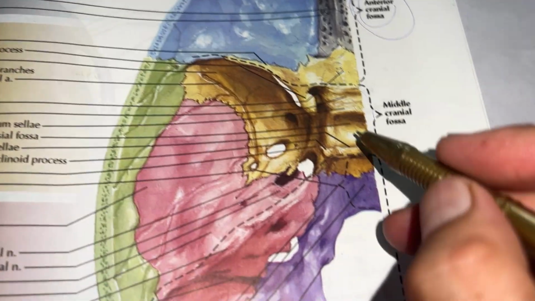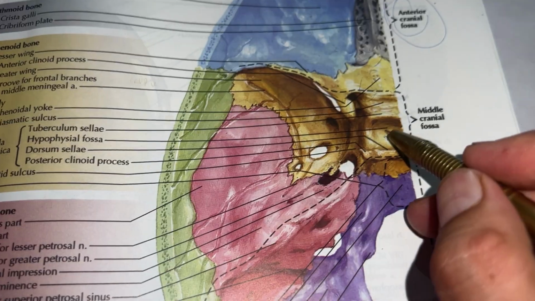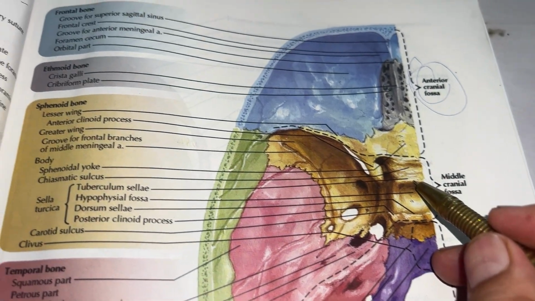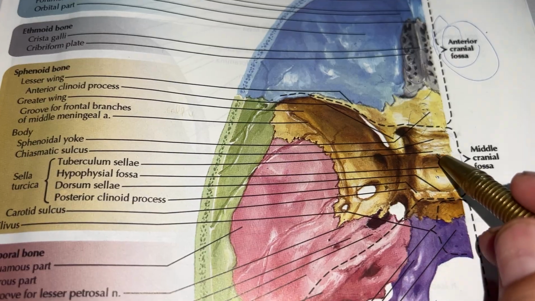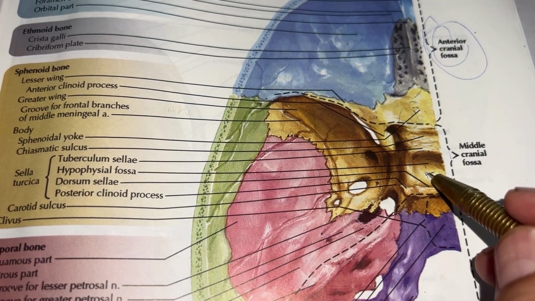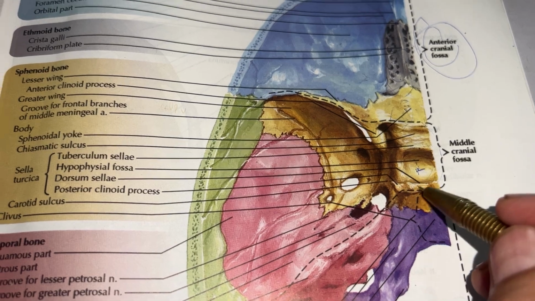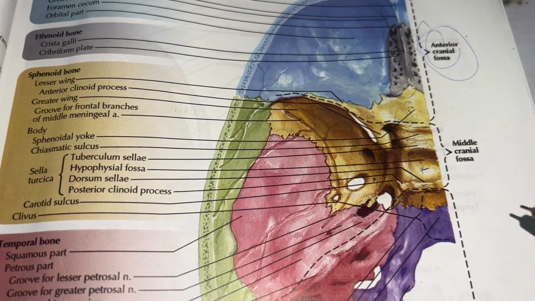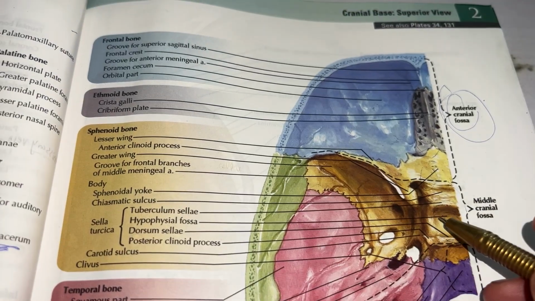This fossa is called the hypophyseal fossa. Anterior to the hypophyseal fossa is the tuberculum sellae. This is the tuberculum sellae, this is the hypophyseal fossa, and posterior to the hypophyseal fossa is the dorsum sellae. Okay, so this is the sella turcica.